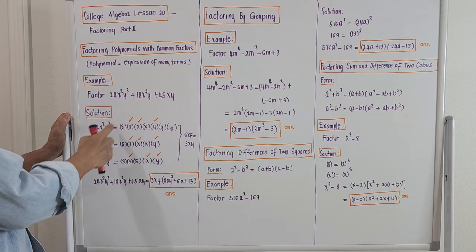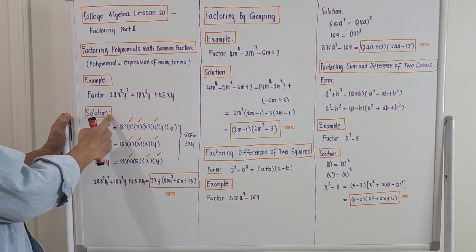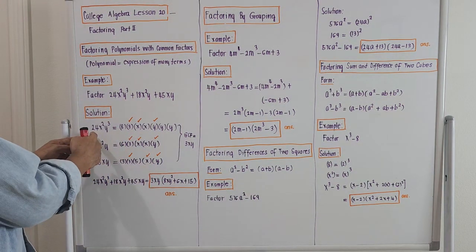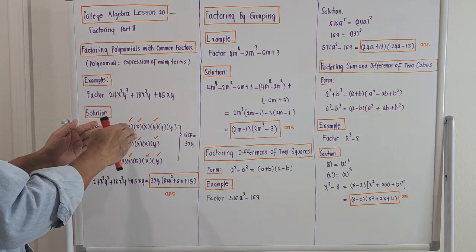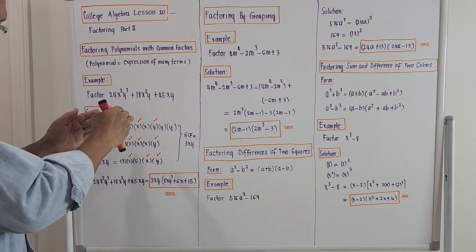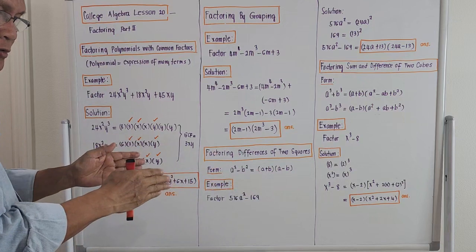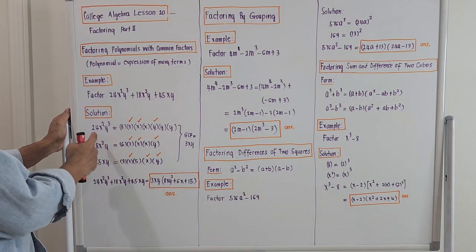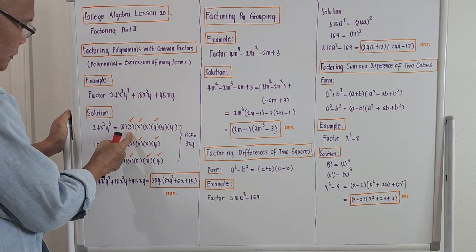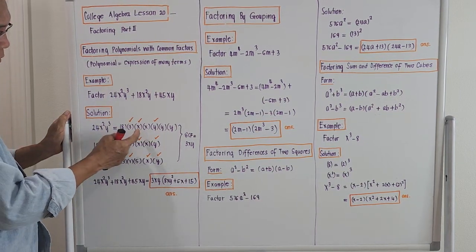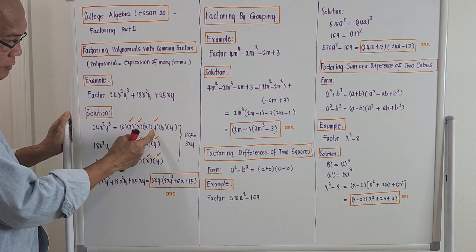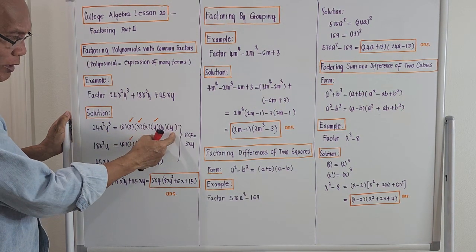Try to bring out the first term, 24x squared y cubed. The operation is multiplication, so try to subdivide the given term into so many prime factors. 24 can be written as the product of 8 and 3, x squared can be written as the product of x and x, and y cubed can be written as y times y times y.